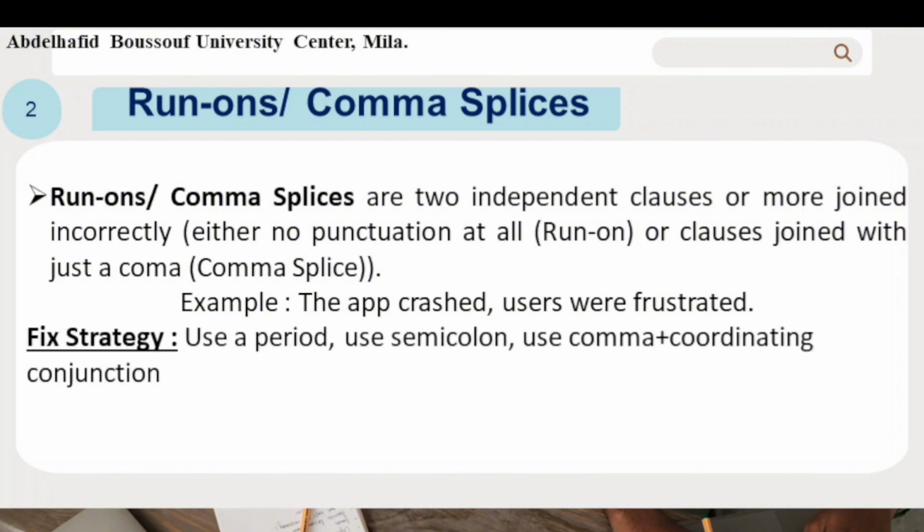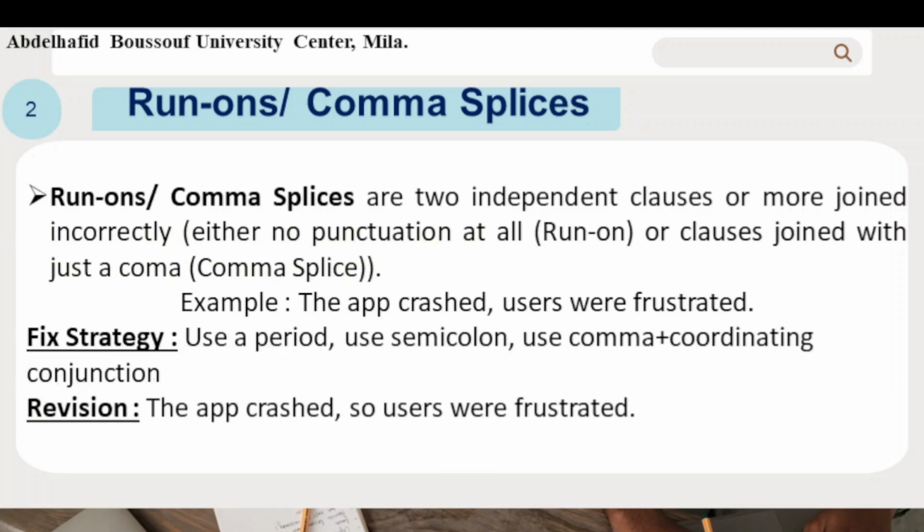Use a period, you can use two separate simple sentences, or use a semicolon, or use a coordinating conjunction, which is the best way to join two simple sentences into one sentence of two clauses. The app crashed, so users were frustrated. Here is a clear sentence.